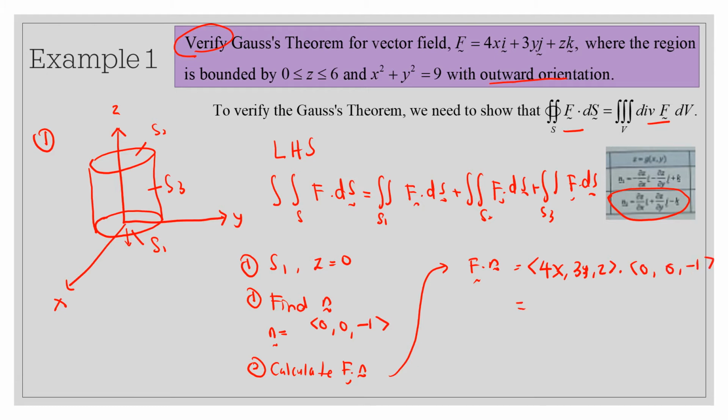Okay, when you solve this dot product, you will get negative z. Okay, z here is equal to 0. So F dot n is equal to 0. Therefore, double integral F dot dS for S1 is equal to 0. Okay, I will continue in the next slide.